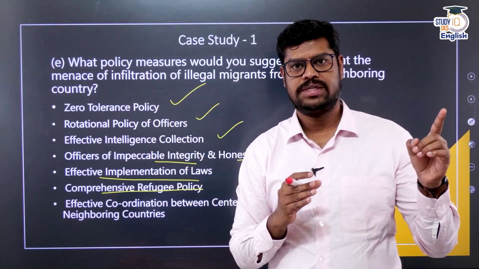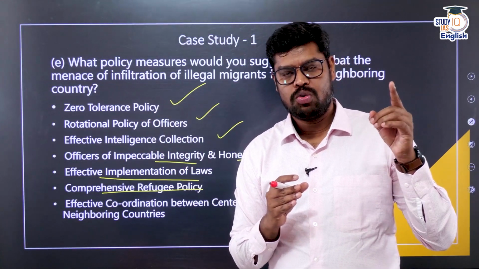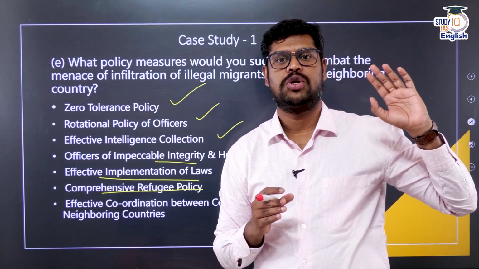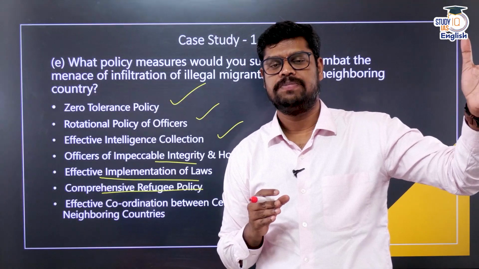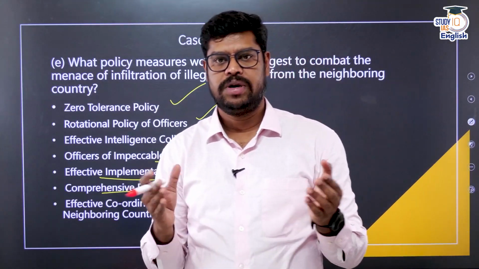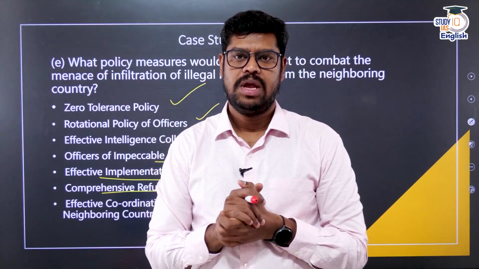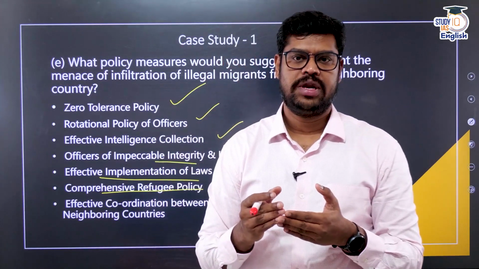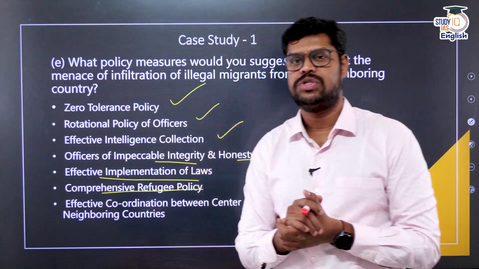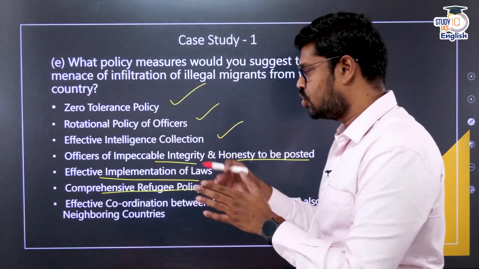People do not want to illegally migrate into India, but you never know what situation is happening in their respective country, maybe because of persecution. If persecution is happening, as a responsible nation, India should open its gates and allow outsiders to come as refugees, and they may be deported back later when the situations are normal. So this may also be part of your suggestion.